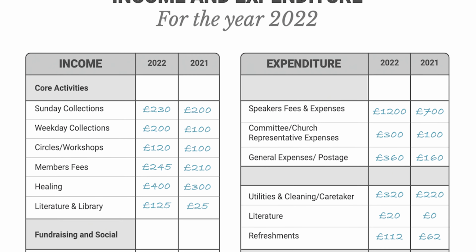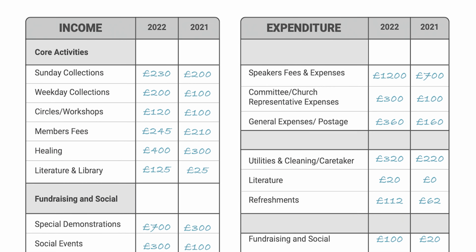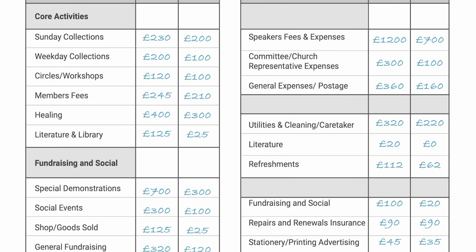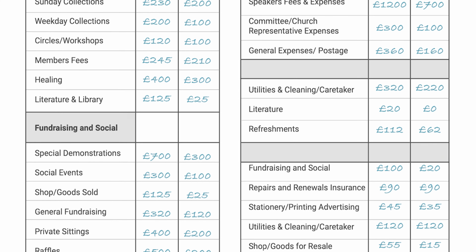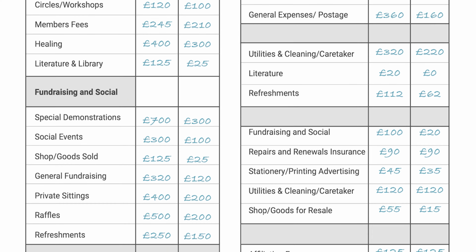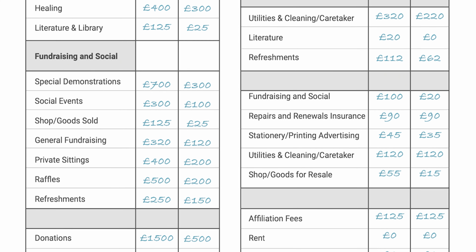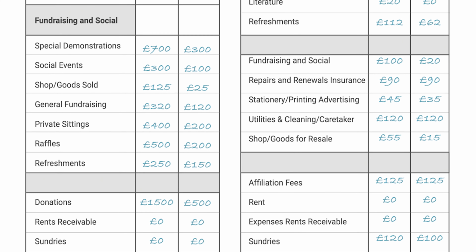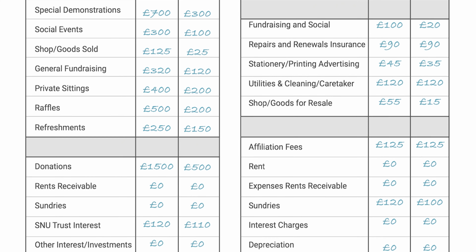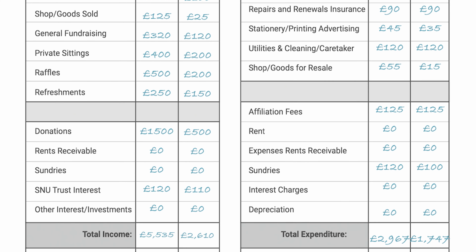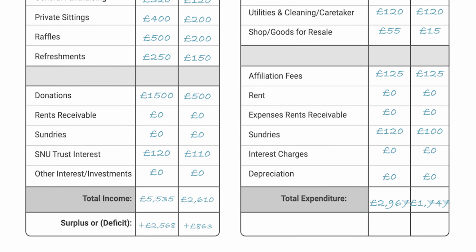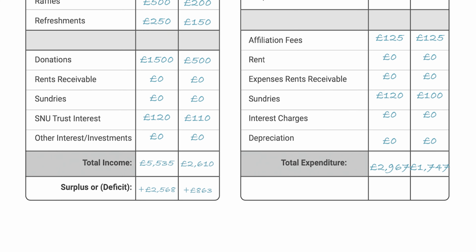And it's very simple income and expenditure. It simply asks what you've taken and when. So your Sunday collections, for instance, a weekday collection, members' fees, healing, any circles or workshops that you've done, any fundraisers, teas, coffees, raffles, private sittings, and obviously expenses such as utilities, refreshments, repairs, renewals, stationery, affiliation fees and so forth.